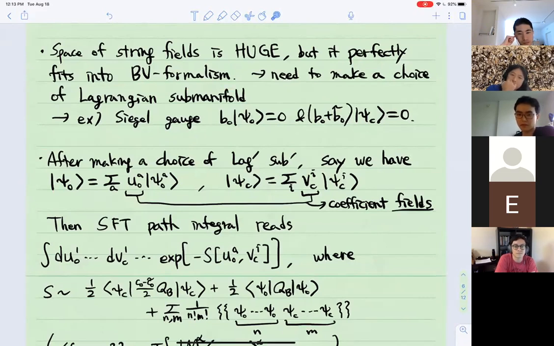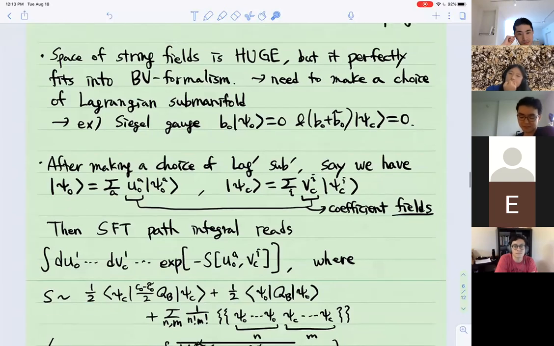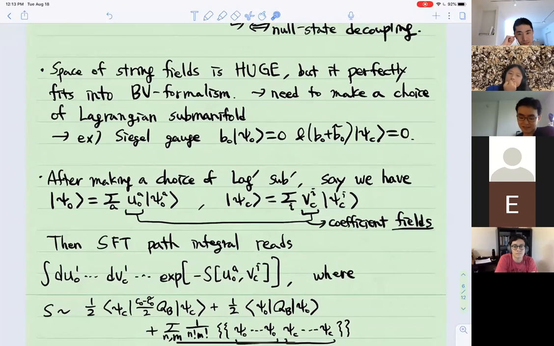Okay, that was their major contribution. And the open plus closed superstring field theory constructed last year was in some sense a good completion, because we are in the situation where we want to apply that to our context.